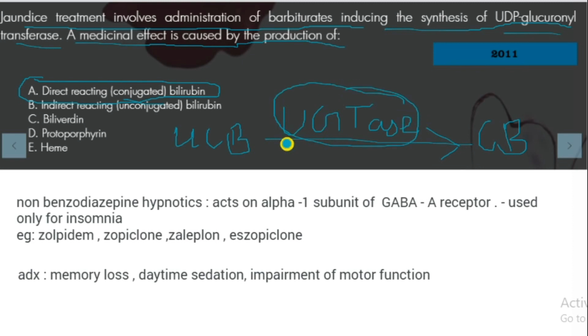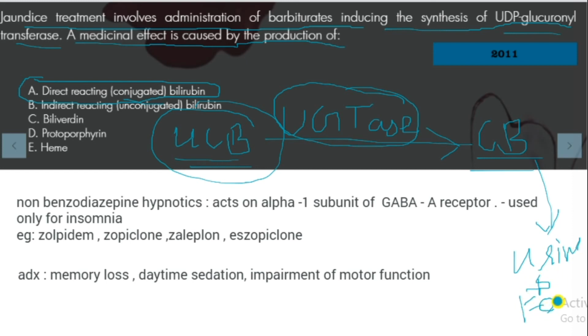Glucuronide transferase helps in the reaction where unconjugated bilirubin is converted into conjugated bilirubin. So it can be excreted through urine and feces very easily. It becomes water soluble at this time.